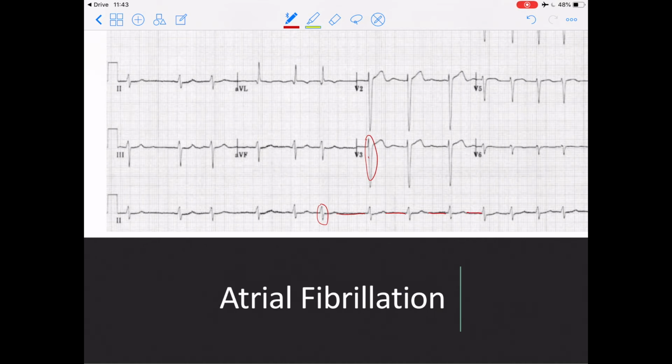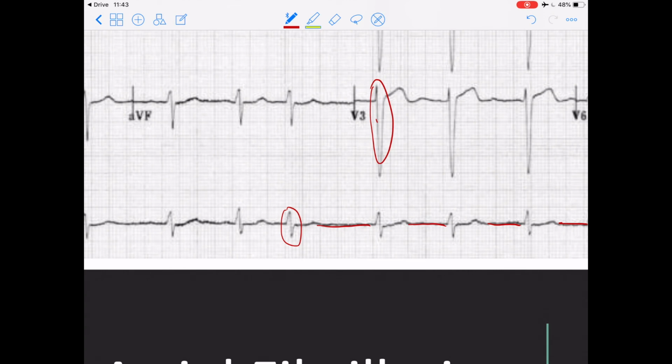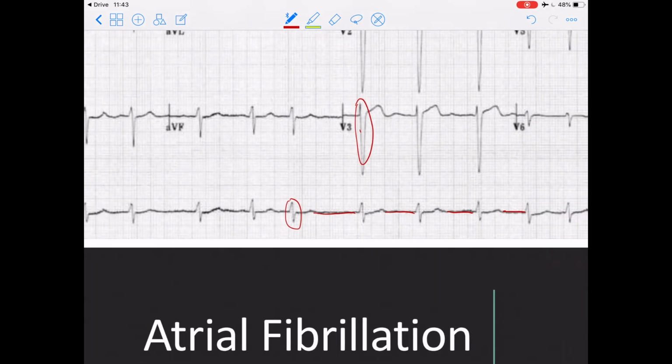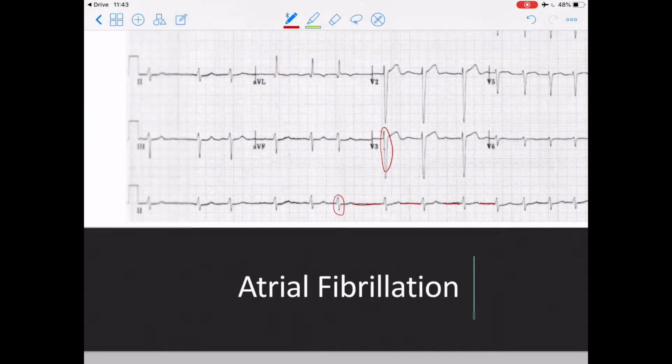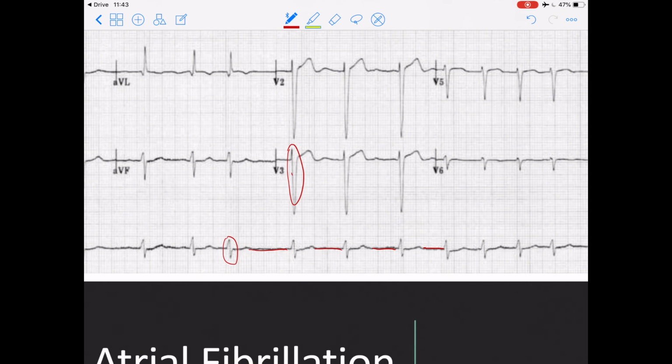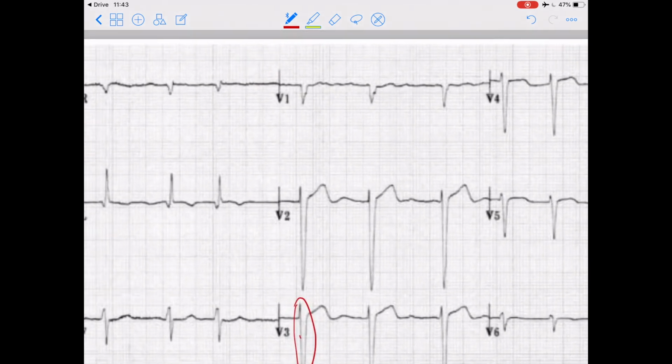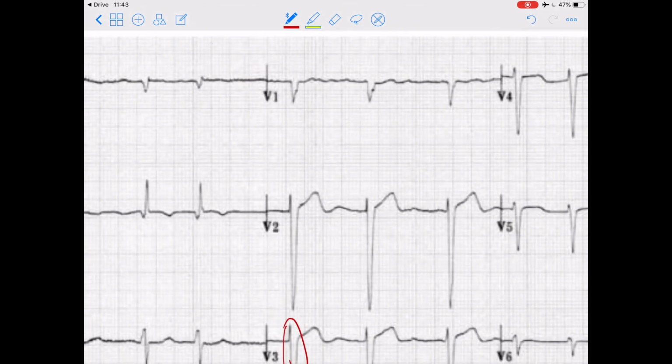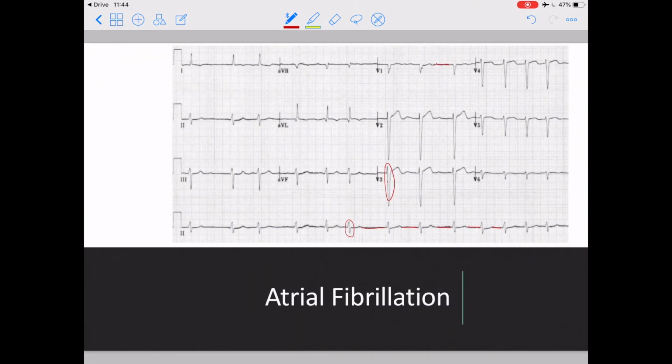And we can see the fibrillatory waves, if we zoom in really far, we can see they're very fine. It almost looks like a straight line here because of the resolution, but the fibrillatory lines are very, very fine. If we zoom up here to V1, it might be the best view. Very fine fibrillatory waves.